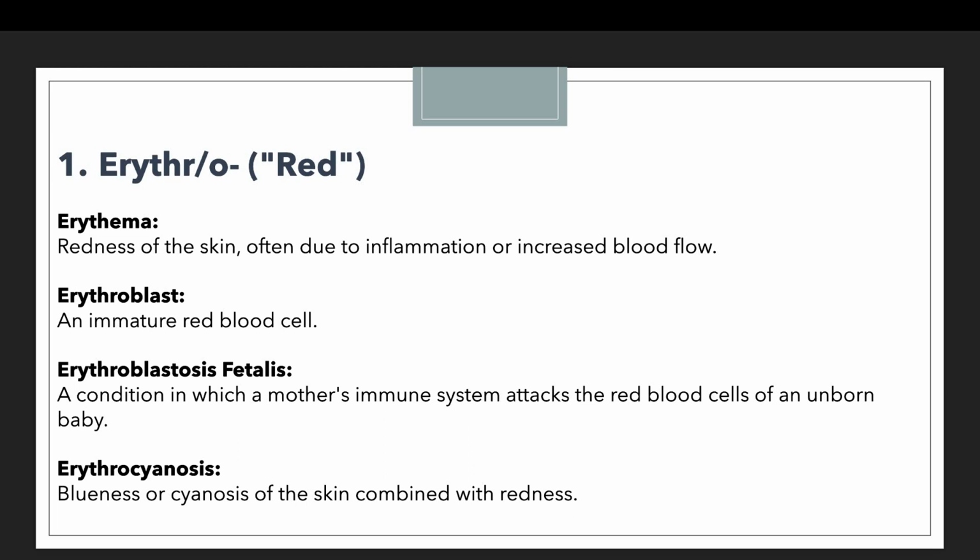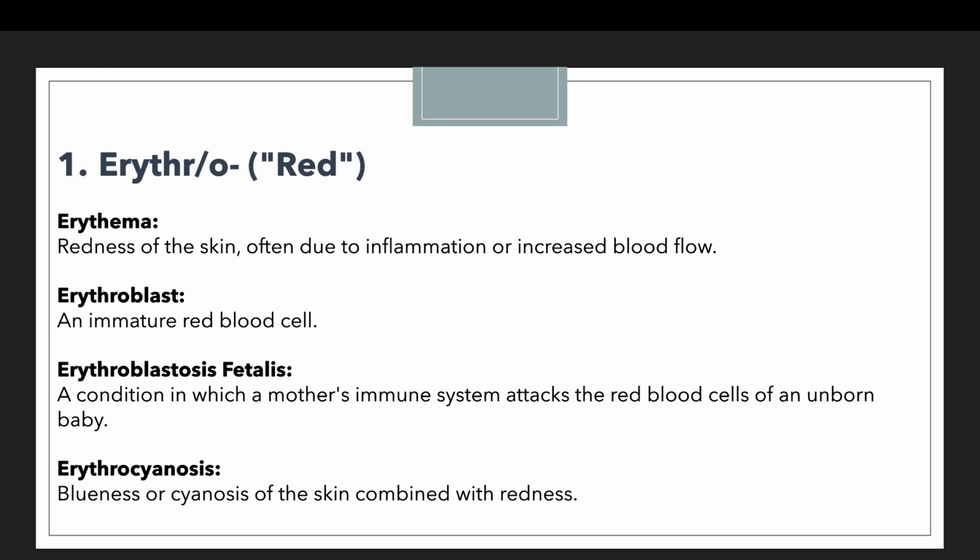Again, you will find that we are talking about red blood cells, or RBC. This type of condition we denote with the help of the medical terminology erythroblastosis fetalis, which begins with the prefix erythro.